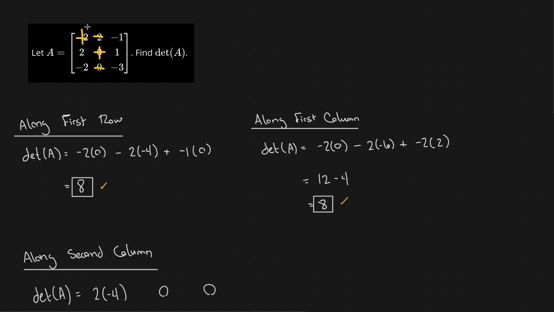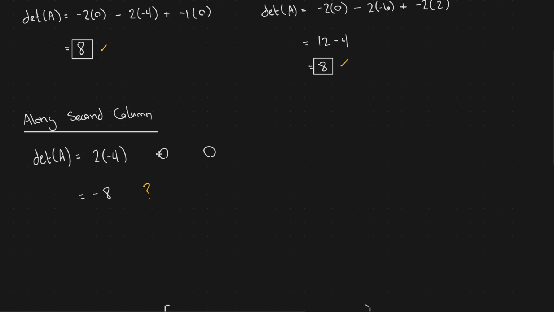The second entry here is a negative, and then as we go down, negative, positive, negative. So as we expand along those elements, we have negative, negative, positive, negative. And doing it that way, then we will agree. We get -2 times -4 is a +8, and now it checks out.